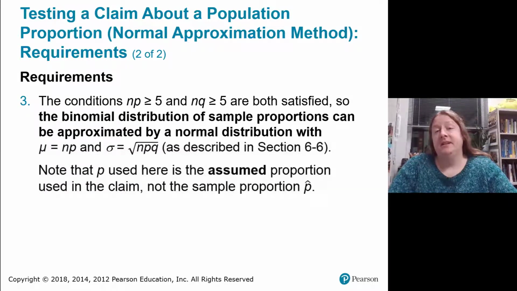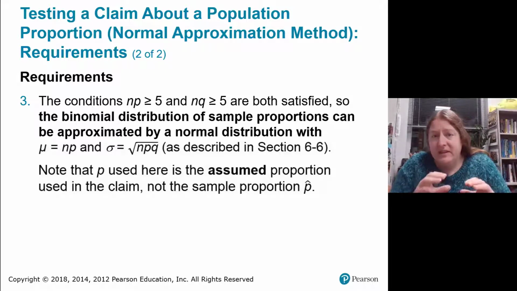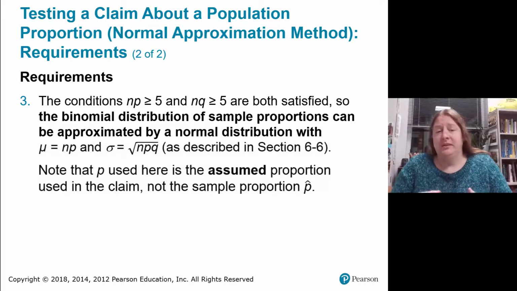Additionally, n times p needs to be greater than or equal to 5, and also n times q needs to be greater than or equal to 5. This is the idea that if these things happen, then our sample is large enough that we can use a normal approximation of the binomial distribution.